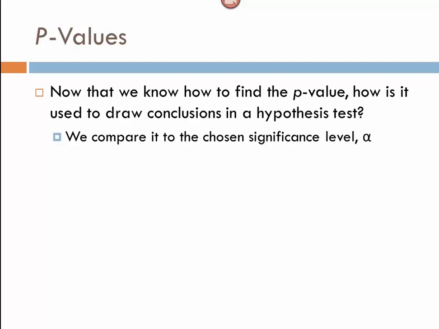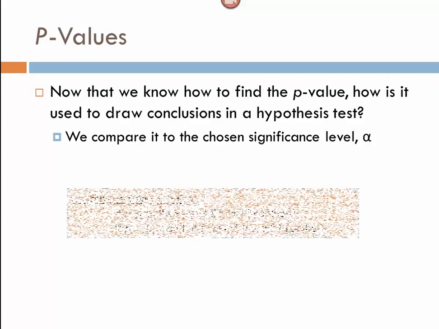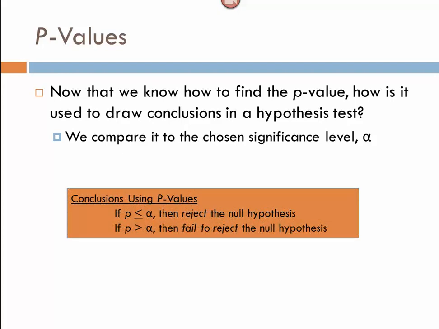We compare it to the chosen level of significance alpha for the problem, and the choice is very clear. If our p-value comes out less than or equal to alpha, then we are going to reject the null hypothesis. If the p-value is greater than alpha, then we are going to fail to reject the null hypothesis.